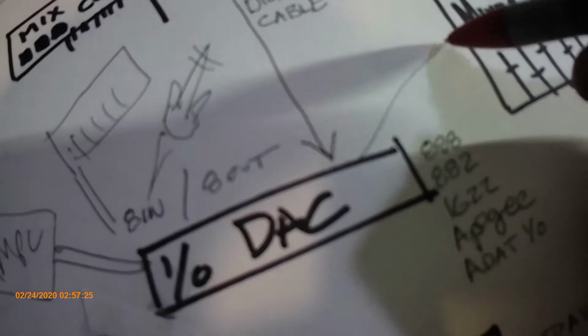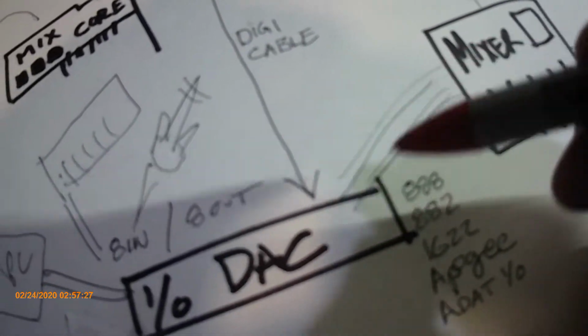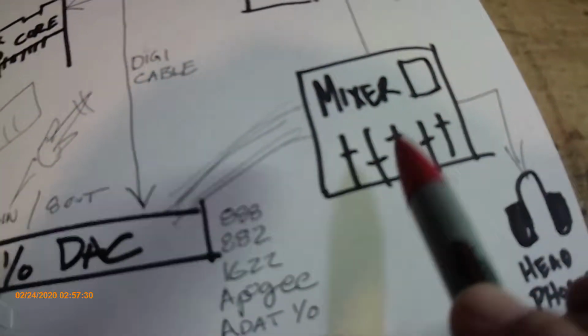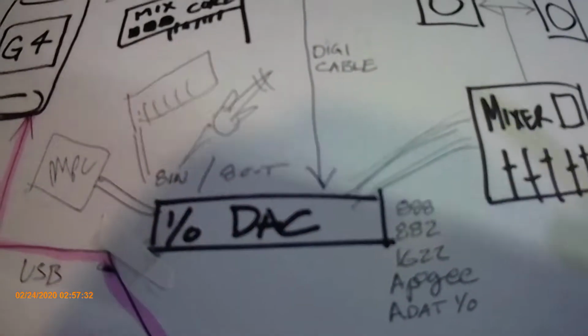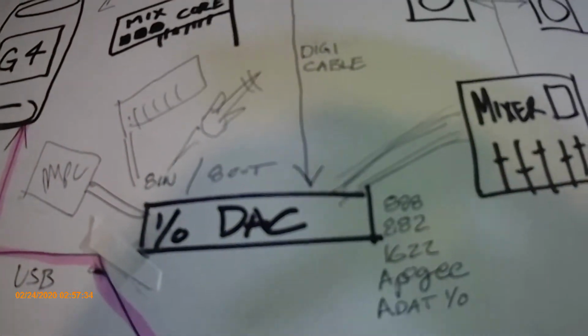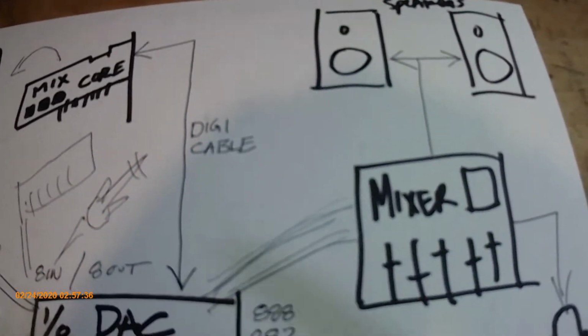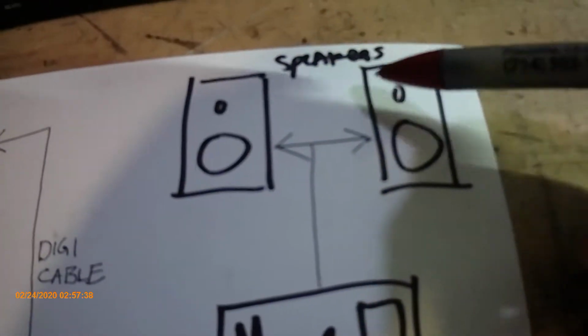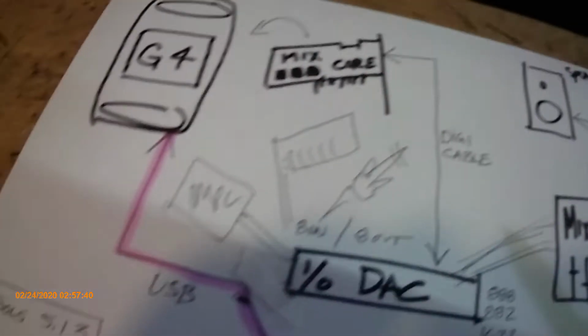Meanwhile, you could have 1, 2, 3, 4, 5, 6, 7, 8 different mixes going to your mixer. You could have a headphone mix, you could have a vocal mix, you could have several different mixes. Mix A, Mix B, running to different speakers and different headphones.